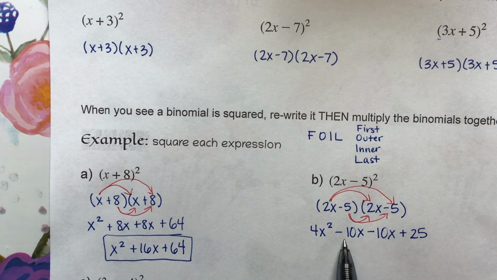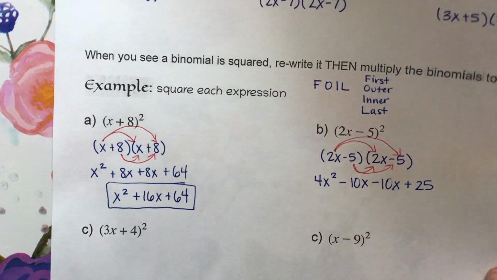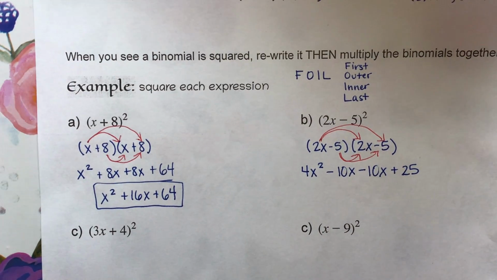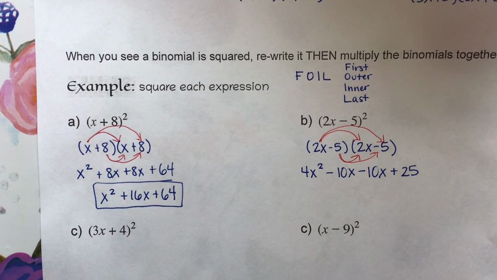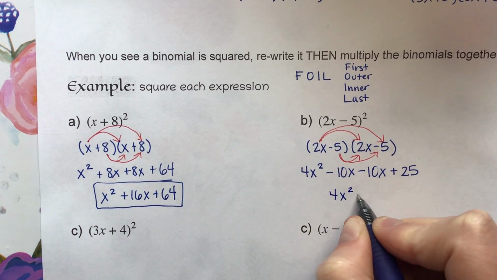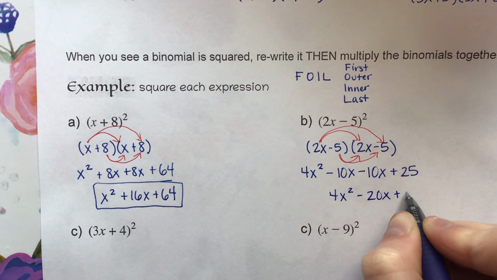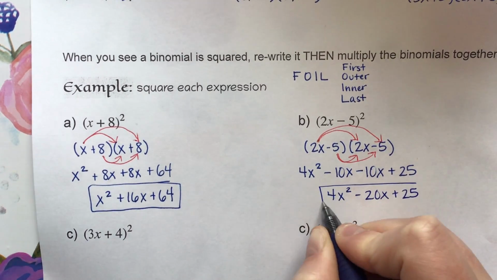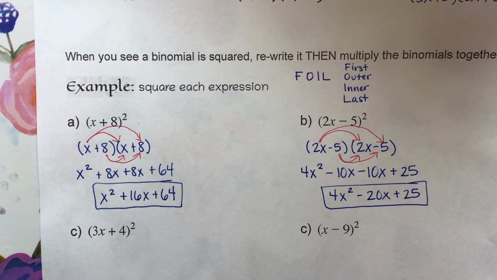I have like terms in the middle, so negative 10x minus 10x is negative 20x. They're not going to cancel because they are not opposites. Remember, for two things to add to 0, you're going to need a positive and a negative. So we have 4x squared minus 20x plus 25. And there's our solution for that one.